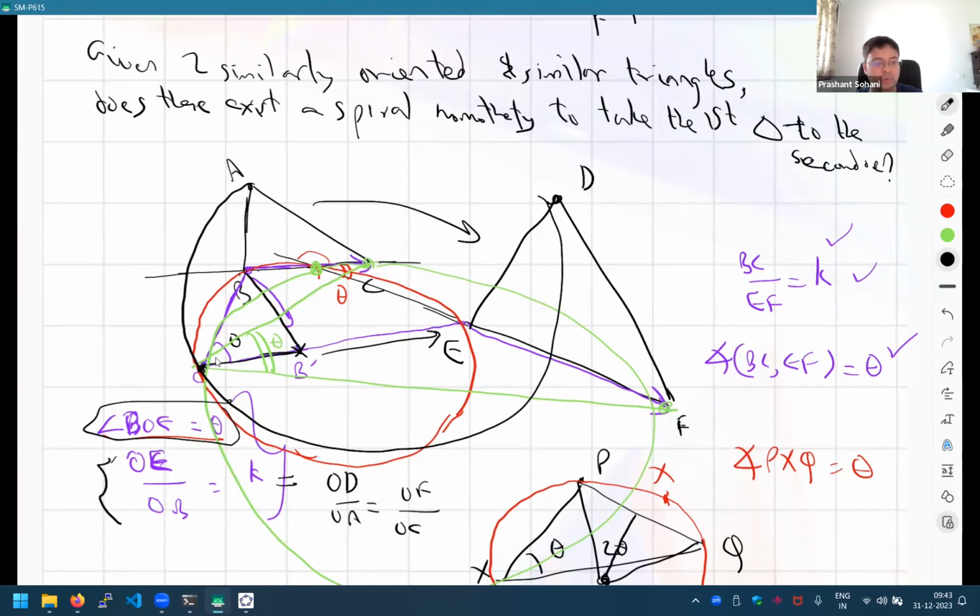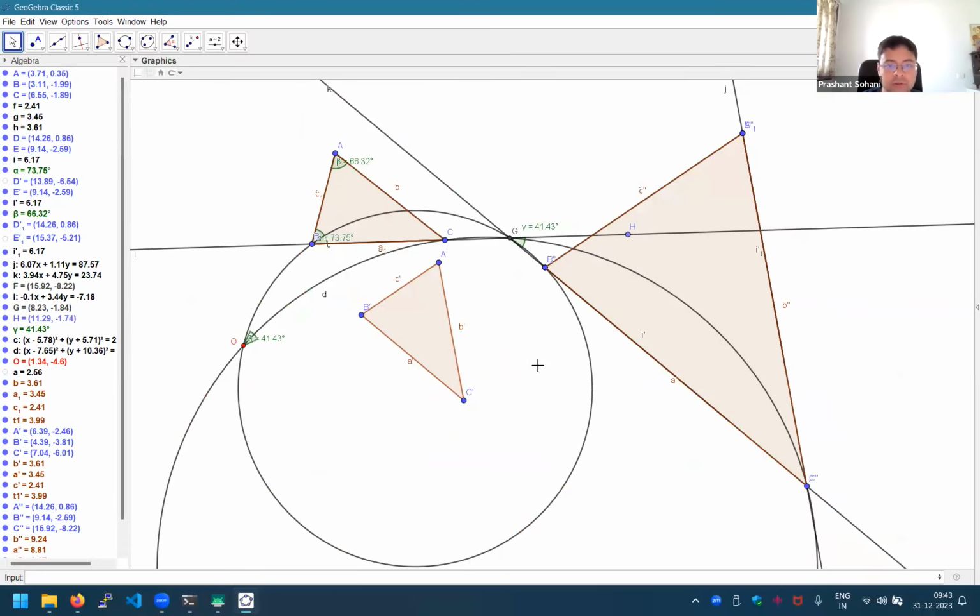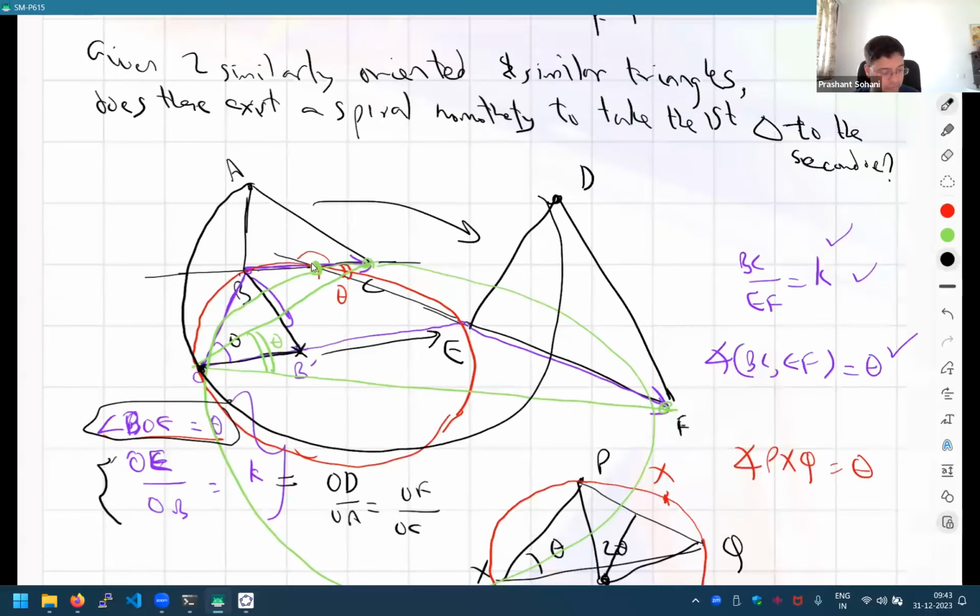I'm just thinking, can we do this geometrically? How do you draw the Apollonius circle of 2 points and a given ratio? We have dilation. Suppose let me just draw the Apollonius circle for points B and B dash. Then let me just go to the drawing board for a moment.